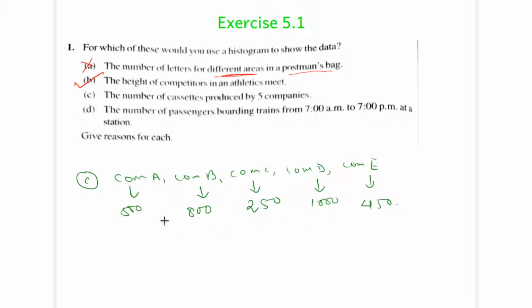These are all individual data. So for individual data we will use what? A bar graph. For individual data we always use a bar graph to represent it graphically. So number C we will cross out.